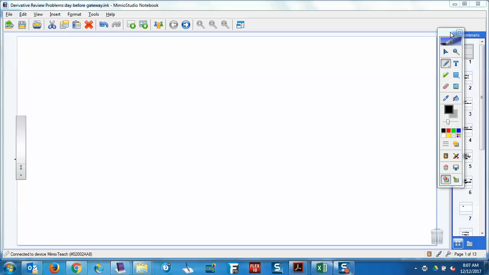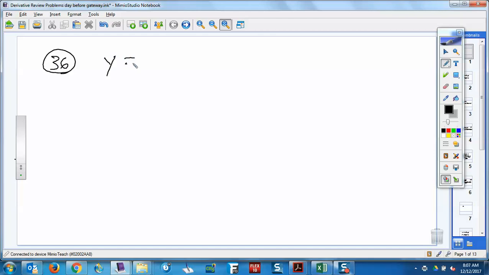Yeah. Okay. Okay, y equals log base, what base is that? 10. All over tangent.